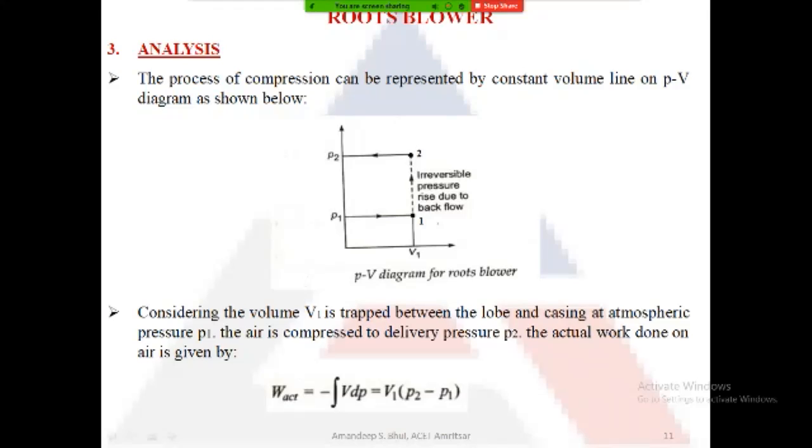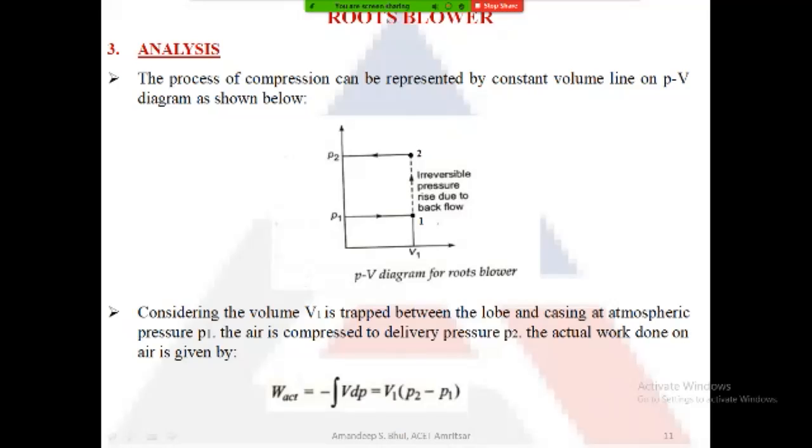Now, this roots blower is an open cycle. For an open cycle, where mass is flowing in and out of the system, the work done is given by the integral of minus VdP, where V is the volume of air and dP is the change in pressure.